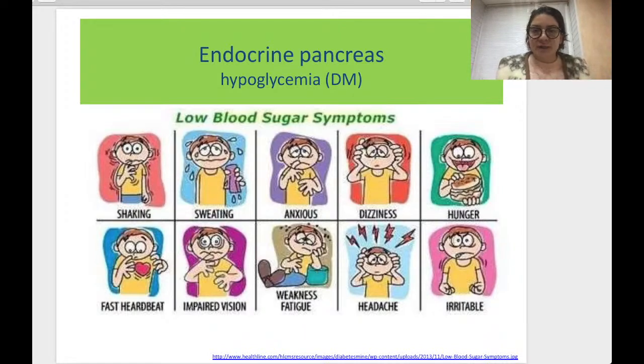If you see these symptoms in somebody on the street, somebody in university, from your friends, from other people you don't know at all, if you see this complex of symptoms, you think first of all about hypoglycemia, and if possible you should find out if this person has diabetes or not.